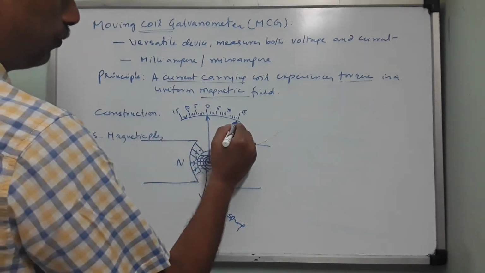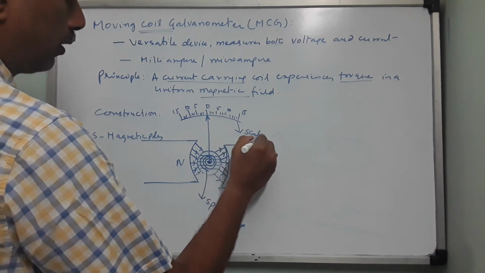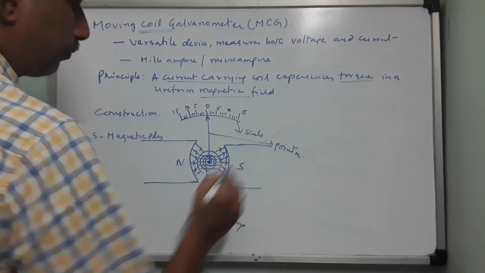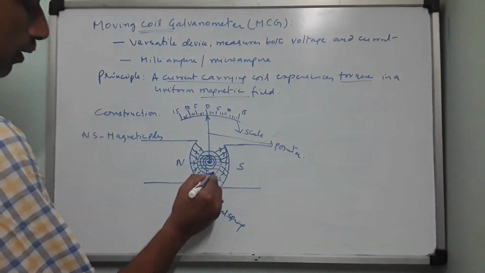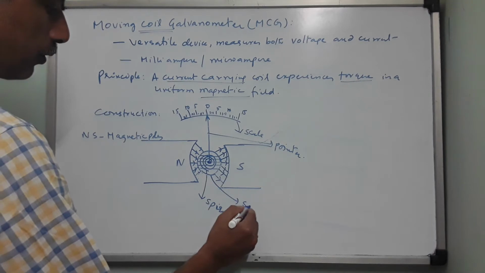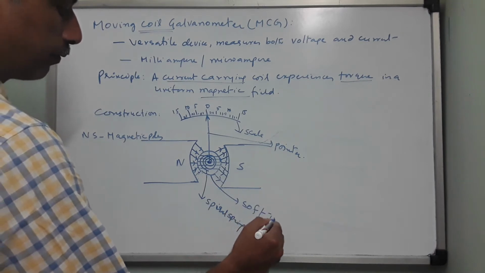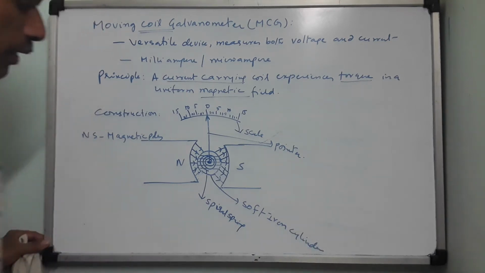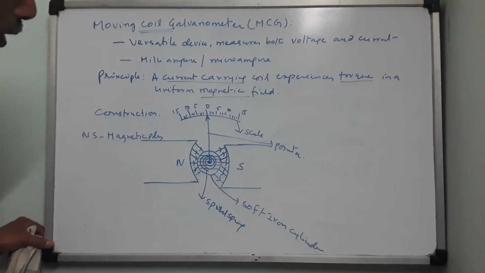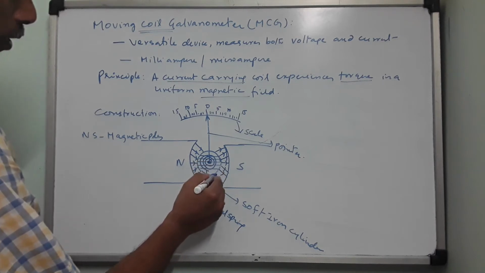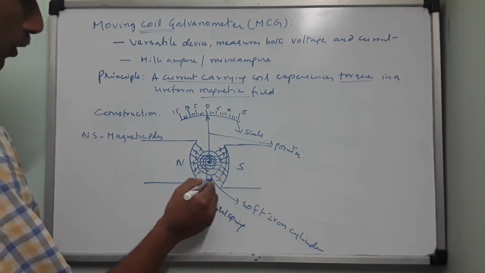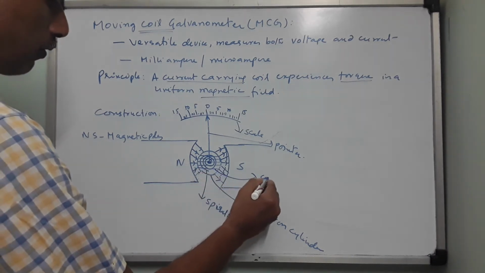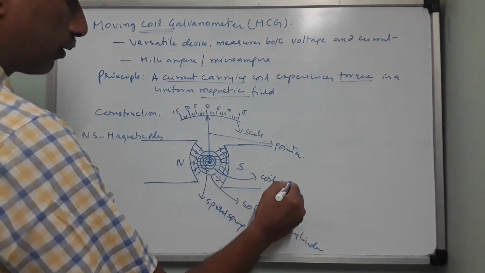This is a circular scale, and this is a pointer. And what is this? This is a soft iron cylinder, and this is actually the coil. This is your coil with n number of turns.